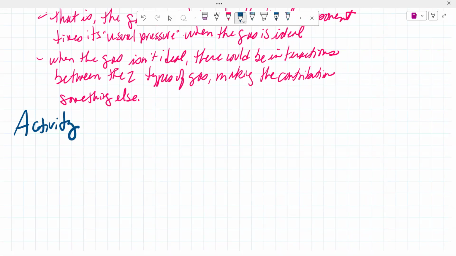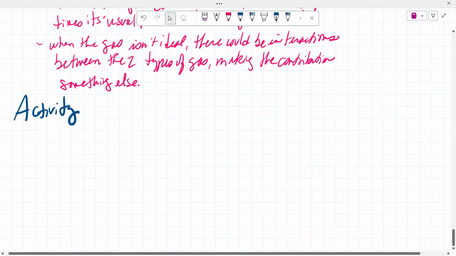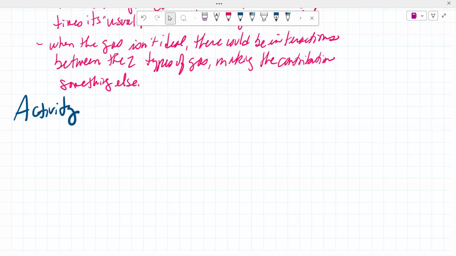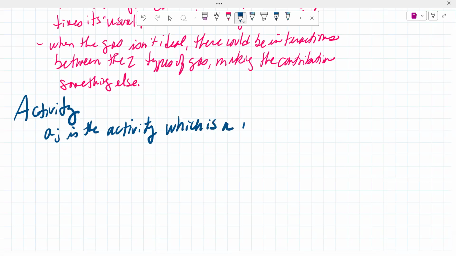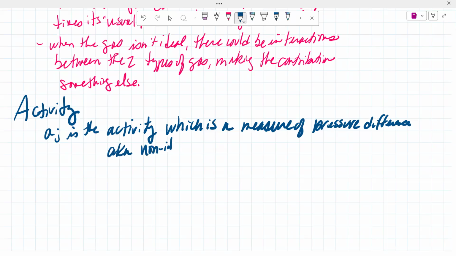Activity. a_J is the activity, which is a measure of pressure difference, in other words, aka non-ideality due to interaction.